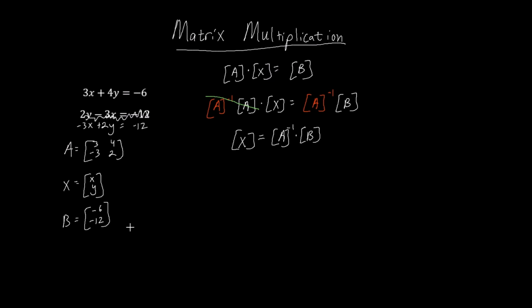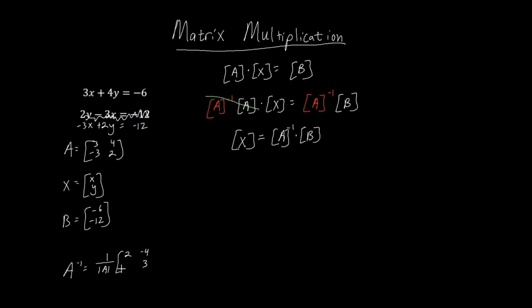We do so by following just that formula there. So the inverse of A is equal to, I'm going to do it down here, 1 over the determinant of A times that modified matrix. So we switch the top left and the bottom right, and then we multiply by negative 1 the top right and the bottom left.